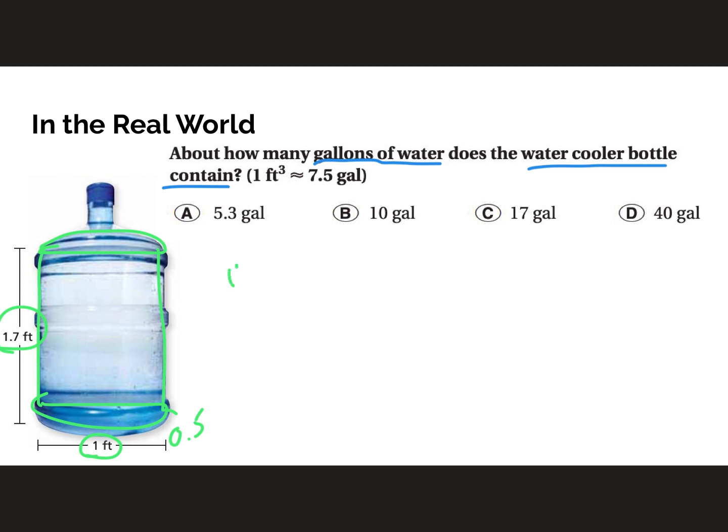So I've got pi times 0.5 squared times 1.7. And you can put that entire thing into your calculator. 1.7 times 0.5 squared times 3.14. So that gives me that the total volume of this is 1.3345.